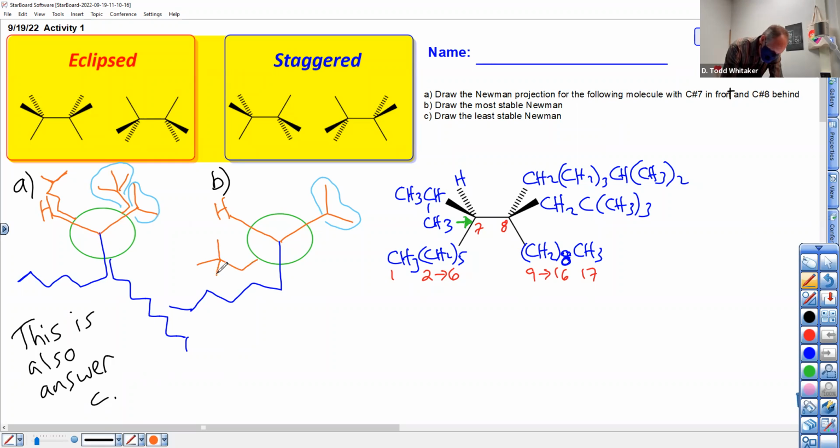And you better rotate the isohexyl 180 too, and the long chain of 9 to 17. Here we go. 9, 10, 11, 12, 13, 14, 15, 16, 17. And the bulkiest group on the back is now over here, and they're 180 from each other. So this is the most stable conformation as asked for.